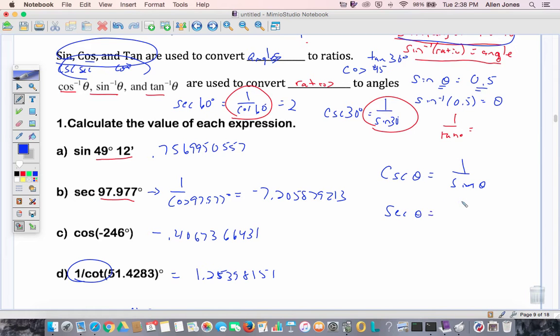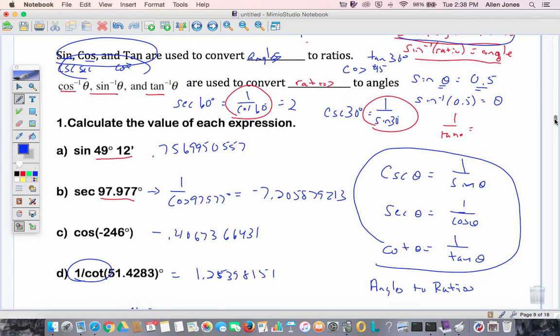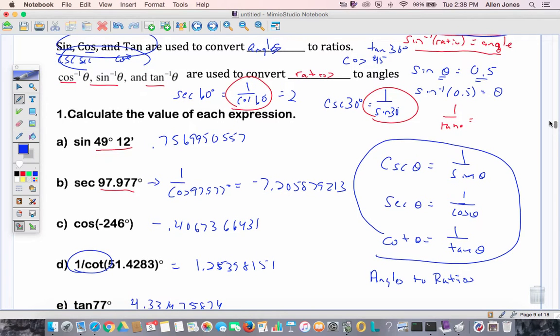Cosecant of an angle is 1 divided by the sine of the angle. Secant of an angle is 1 divided by the cosine of the angle, and the cotangent of an angle is 1 divided by the tangent of the angle. Those conversions are used to convert from angles to ratios. So keep that in mind as we progress forward.